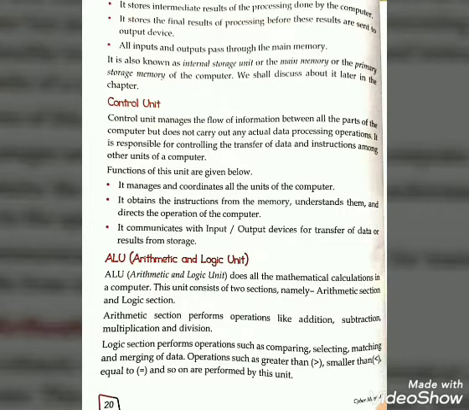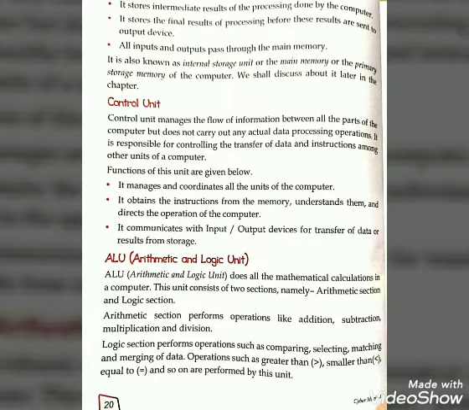How? Here you can see the function of the control unit. First of all, it manages and coordinates all the units of the computer. Second, it obtains the instruction from the memory, understands them and directs the operation of the computer.